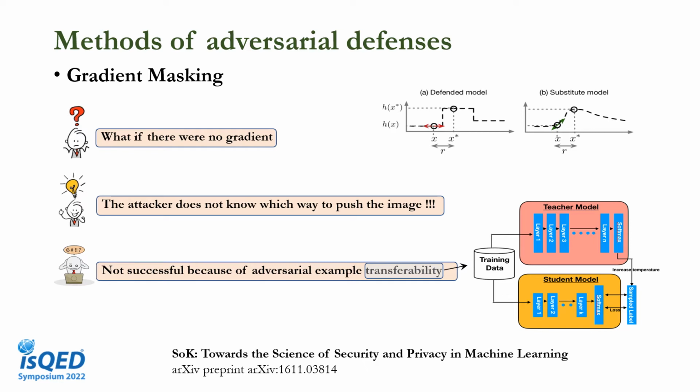For example, the figure at the bottom shows a method called knowledge distillation for training a second model that is defined by the attacker, who knows everything about it. It has been shown that adversarial examples have transferability, meaning adversarial examples on the second model can with high probability also be adversarial perturbations for the original model, whose gradients the attacker doesn't have access to.